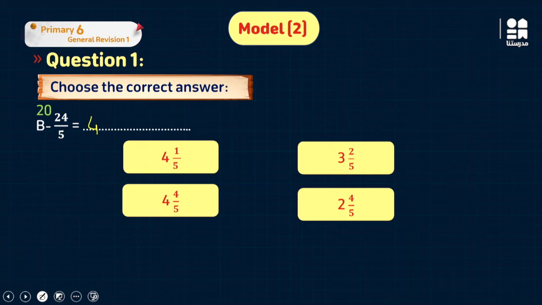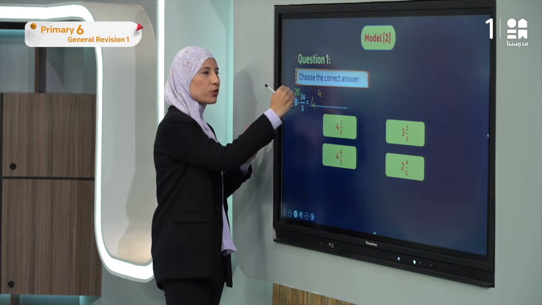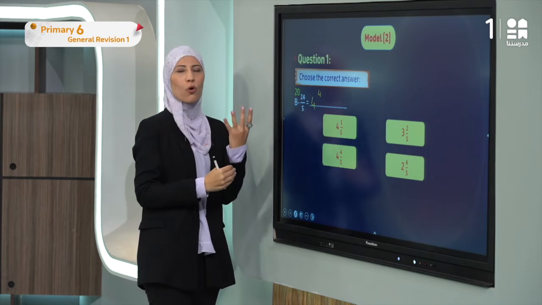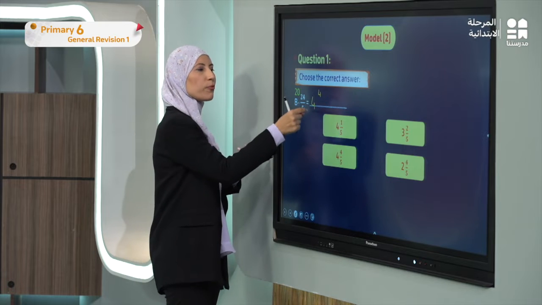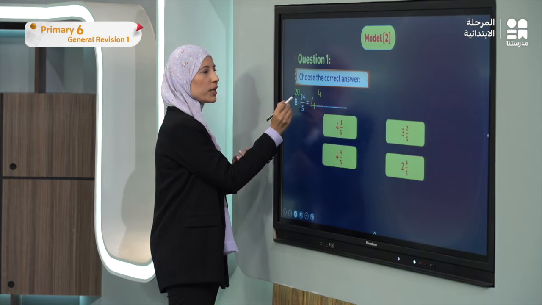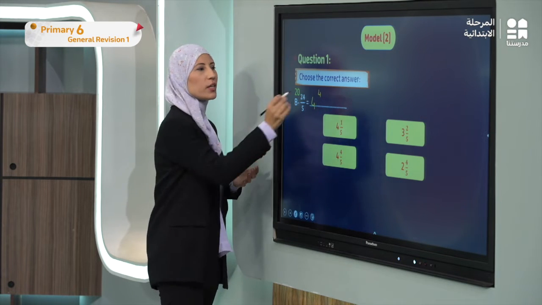The difference between 24 and 20 equals 4. So the whole number will be 4, because 20 divided by 5 gives me a whole 4.